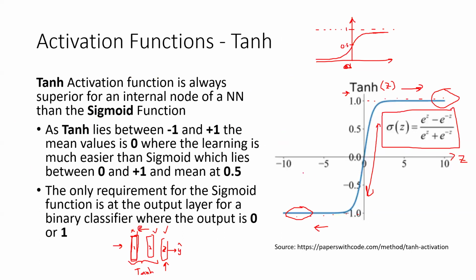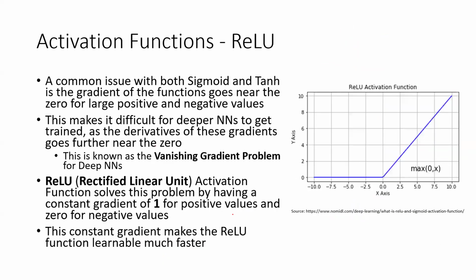So when you get the gradients, these gradients will be used to update the weight matrices. So these values would be very small when this gradient is very small, right? Because of that, the tanh function is also not a good option like the sigmoid function. Because of that, we can use a better activation function known as the ReLU activation function.